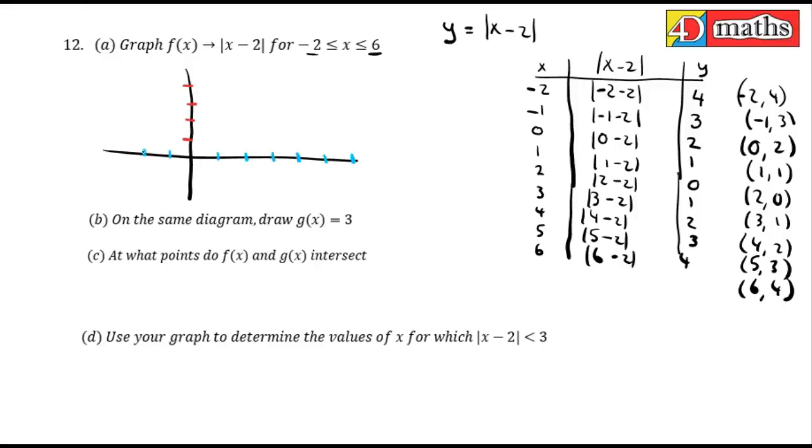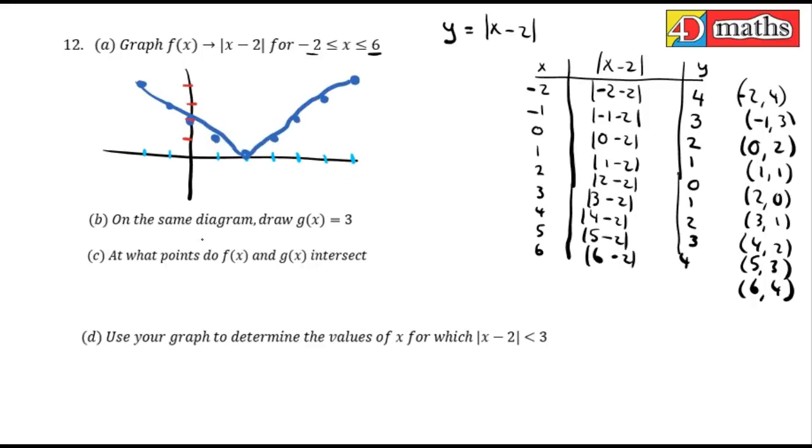The first point is -2, 4, -1, 3, 0, 2, 1, 1, 2, 0, 3, 1, 4, 2, 5, 3, 6, 4. So here's my graph, something like this.